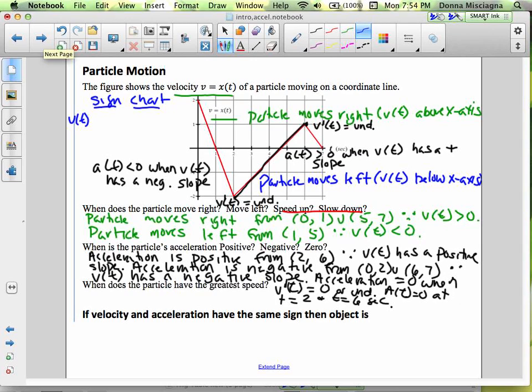Critical points for velocity is still when velocity is 0 or undefined, and velocity is 0 at 1, and 4.75 maybe. So here are the critical points for velocity, when velocity equals 0 or undefined. I'm thinking of acceleration. So acceleration, v prime of t, which is a of t, is undefined at 2 and 6 because of those corners on the velocity.